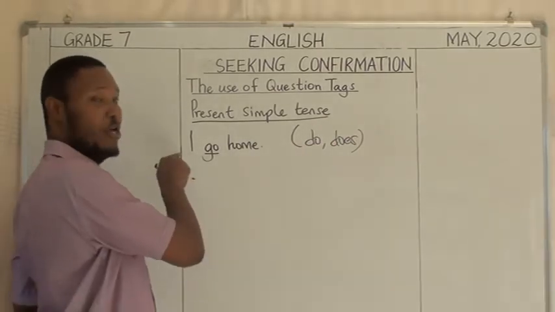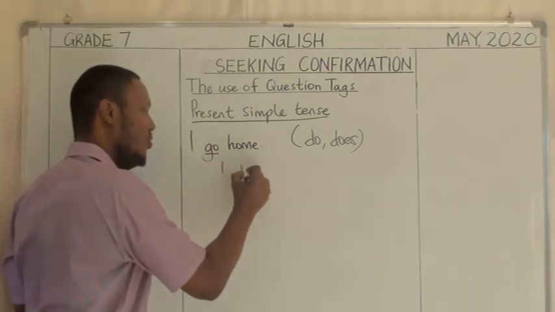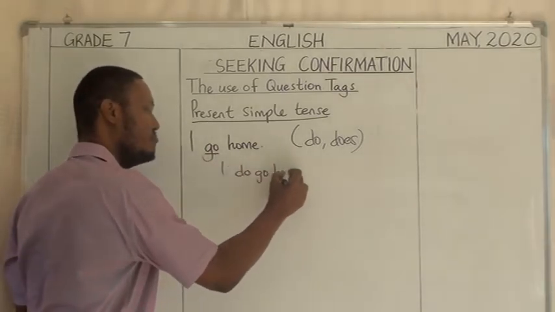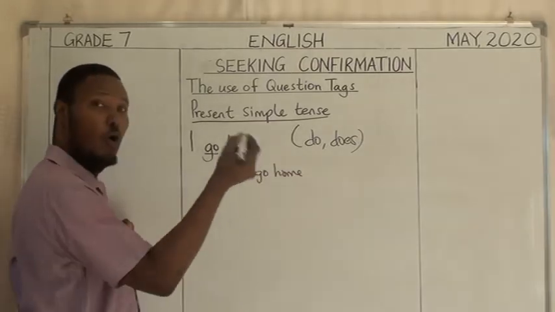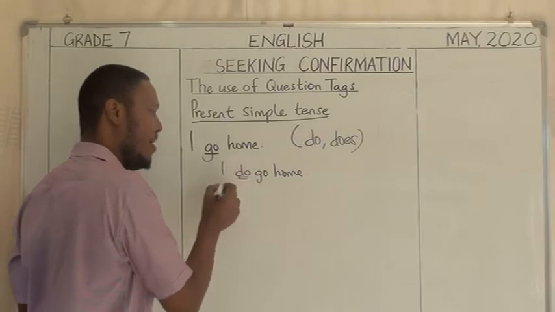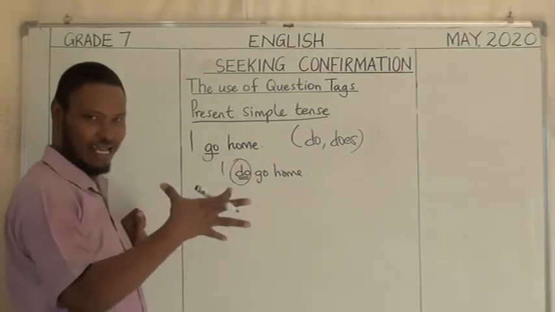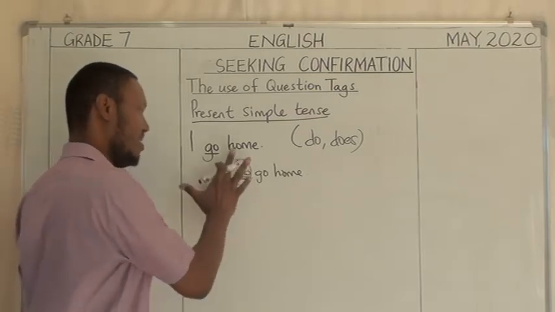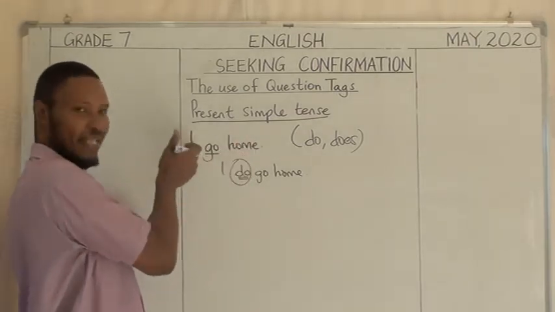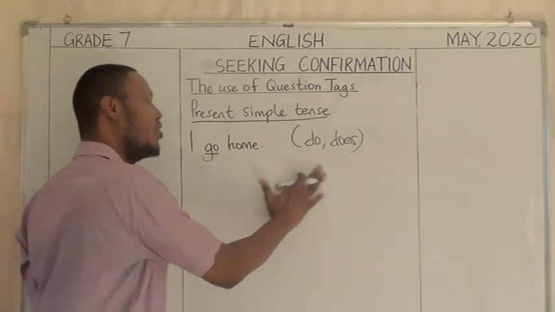Because you can say this, I do go home. So this is the helping verb. But we don't usually use this do. This one is used when you're emphasizing. But when you say I go home, the do is there, but we don't usually say it.